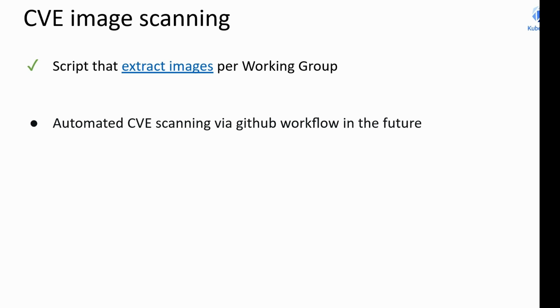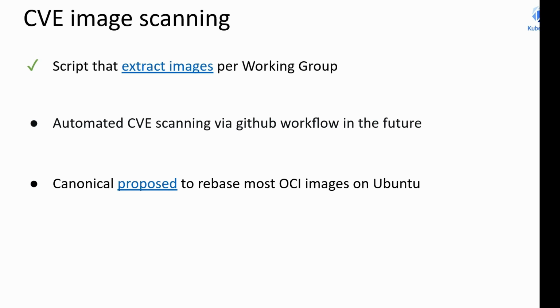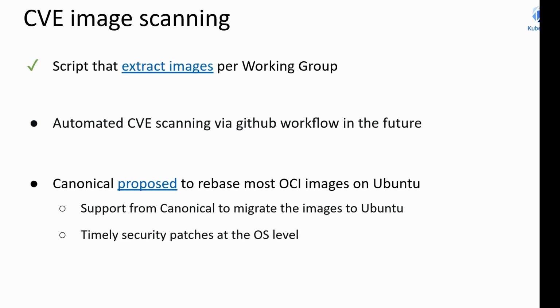And as we mentioned CVE scanning, we have written a script that extracts all the images per working group. So now we can work to list CVEs per working group and automate the scanning process. Furthermore, Canonical proposed to rebase most OCI images on Ubuntu and offer support to migrate the images and provide timely security patches at OS level.